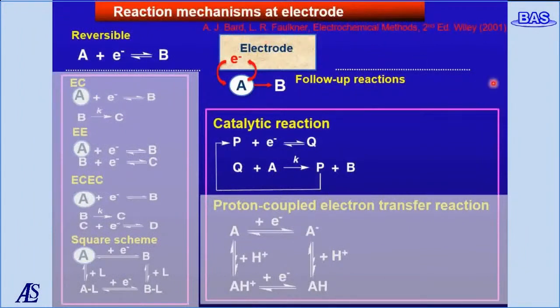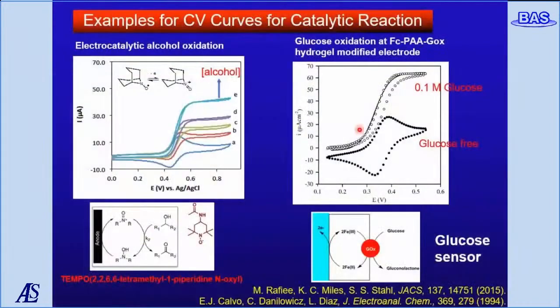So far, we have discussed CV response for E, EC, EE and ECEC mechanisms. Next, I will discuss electrocatalytic reactions. First, two examples of CV of electrocatalytic reactions are shown here.